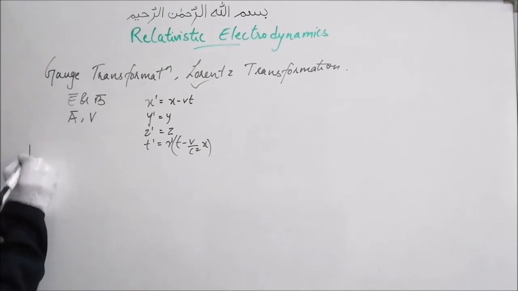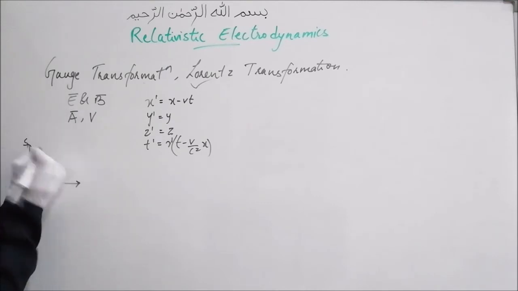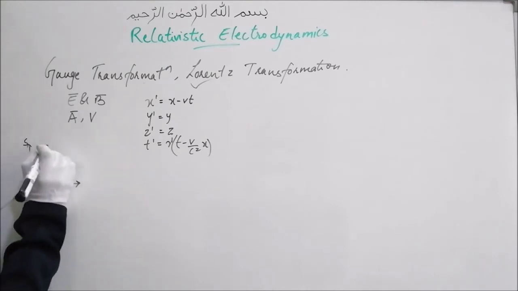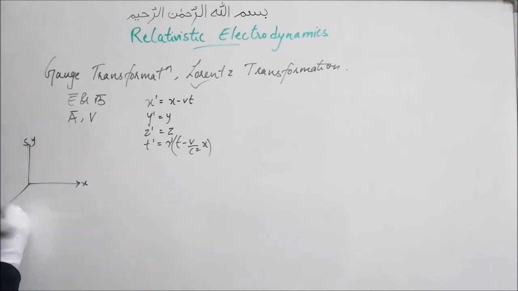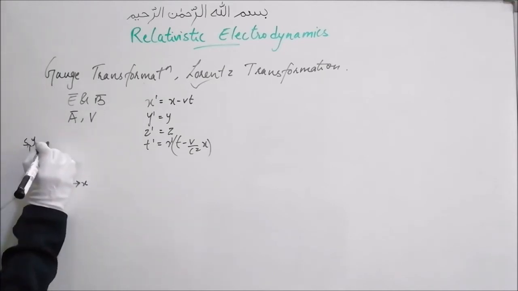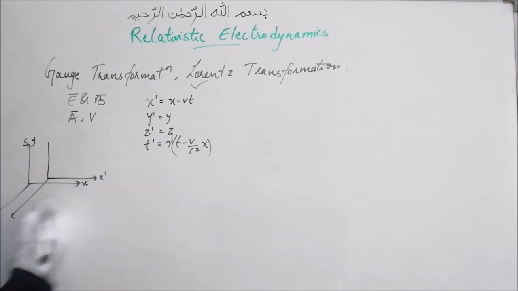We get this by considering two frames. This is the first inertial frame S, which is not moving. This is the x, this is the y axis, and this is the z axis. There is another inertial frame S'. This is x', y', z'.